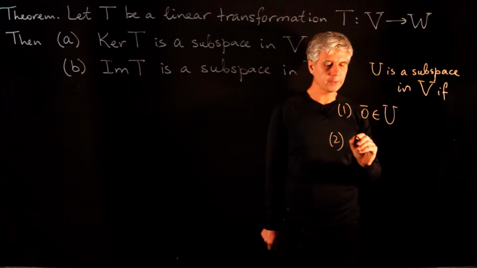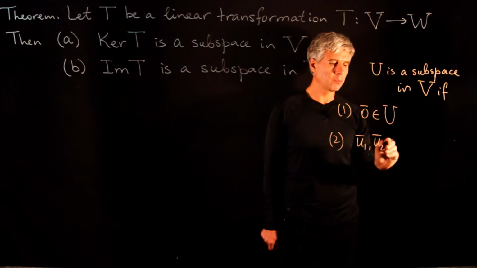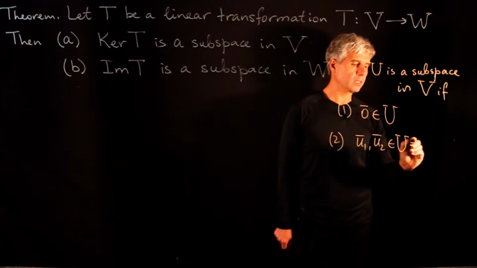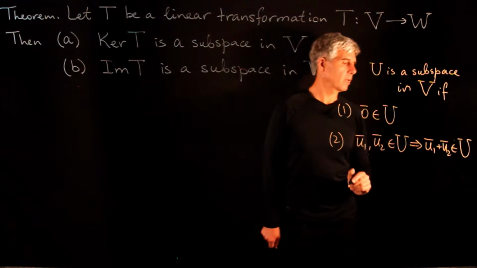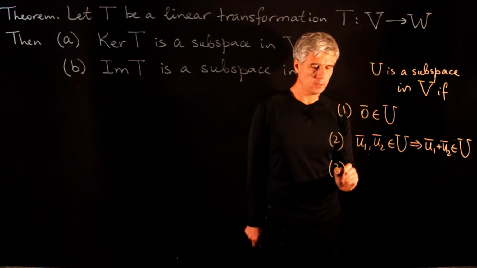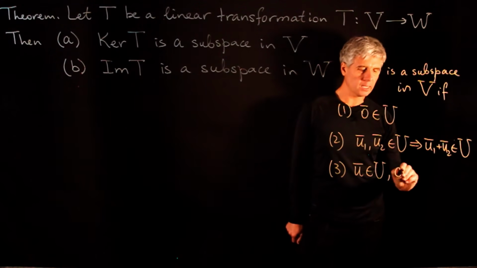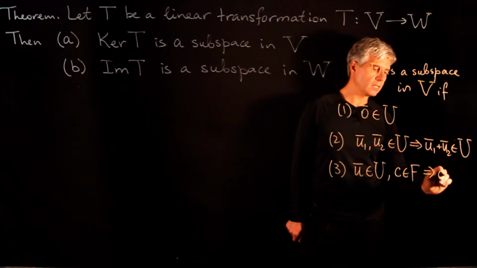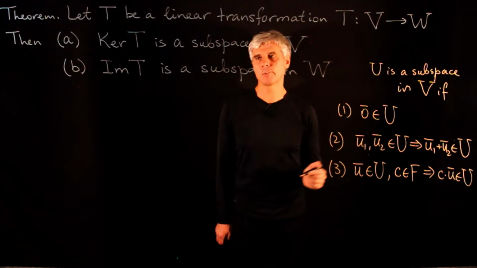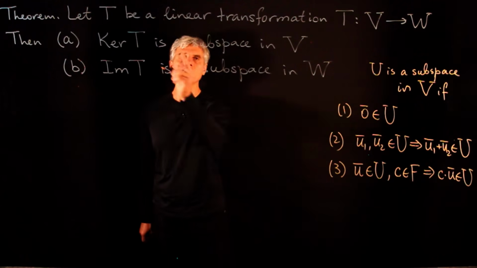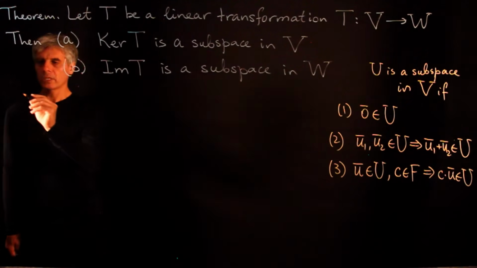If we have two vectors in U, so if u1 and u2 belong to U, then their sum u1 plus u2 is also in U. And the third property, if we have a vector u in the set U and a scalar c in the field, then c times u is also in U. So this is the definition of a subspace. And we need to prove that the kernel of T is a subspace in V and the image of T is a subspace of W. So let us give the proof.